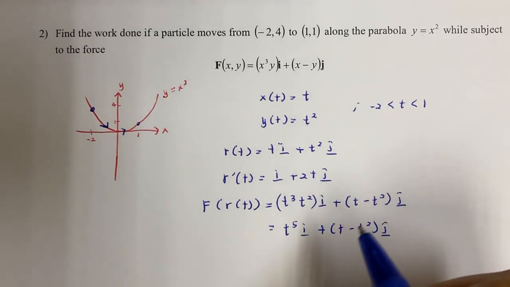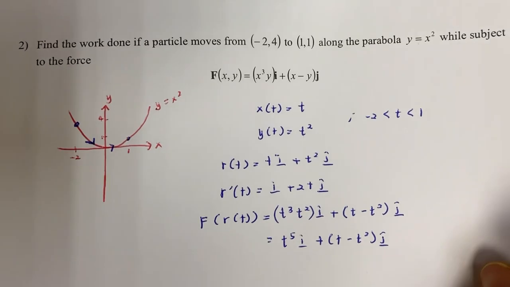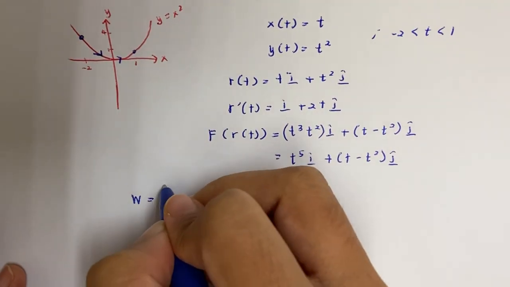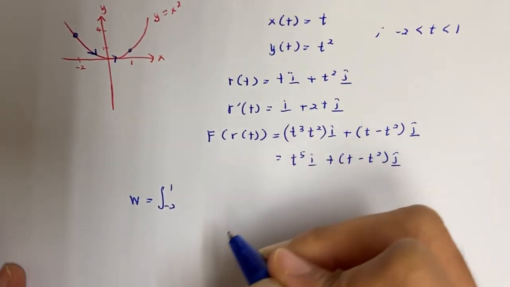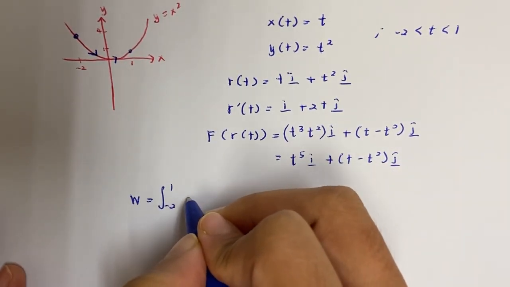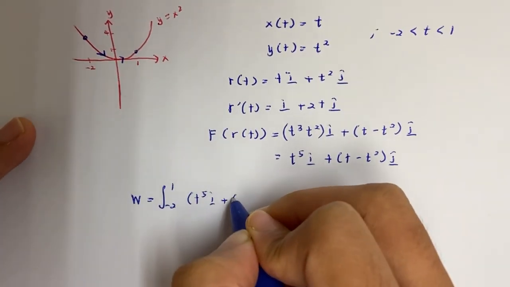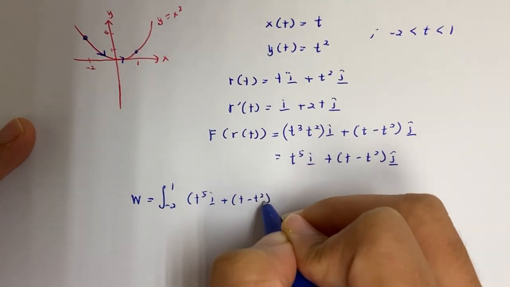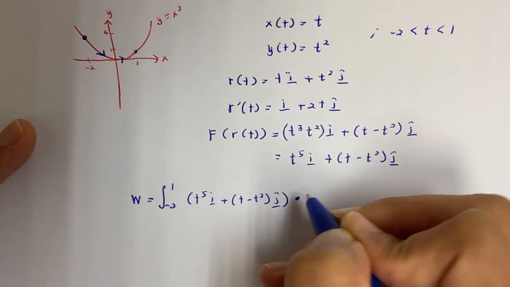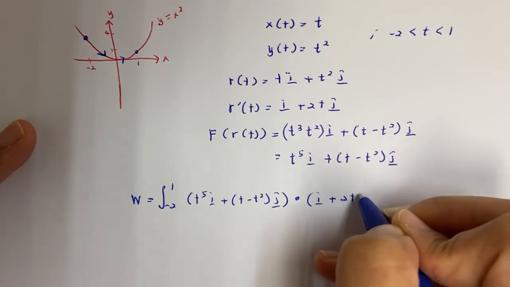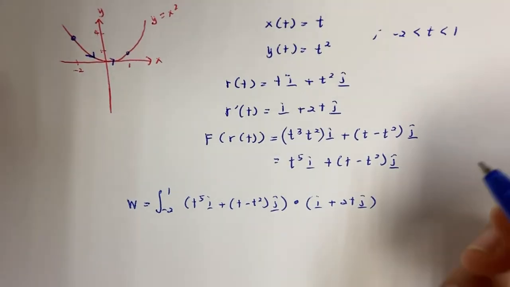I have my F(r(t)) and r prime (t), so I can find the work. Work is equal to the integral from -2 to 1 of F(r(t)), t to the power of 5 i plus (t minus t squared) j, dot product with r prime, i plus 2t j, dt.